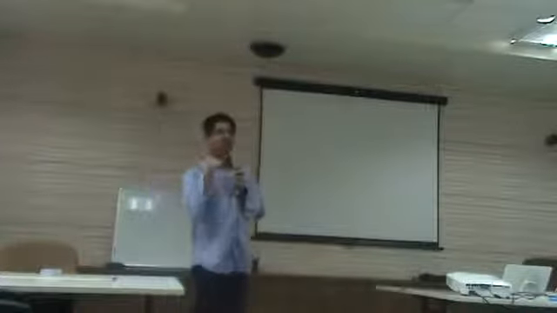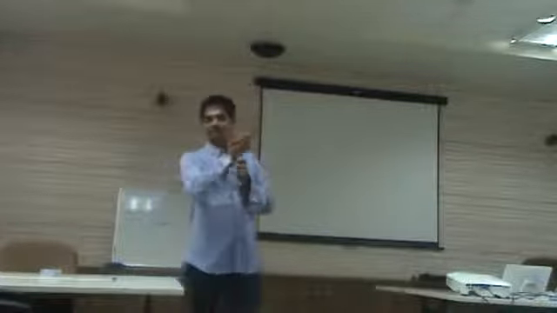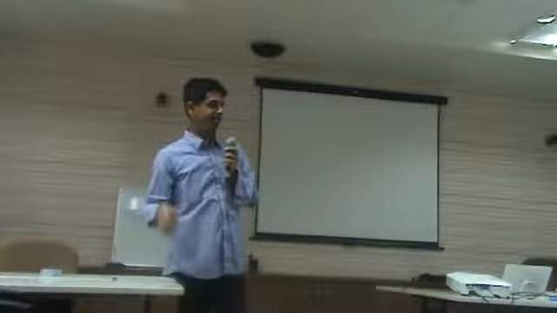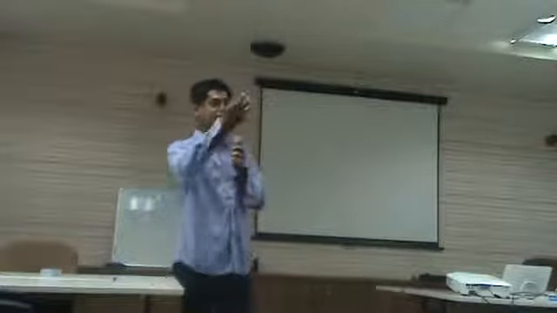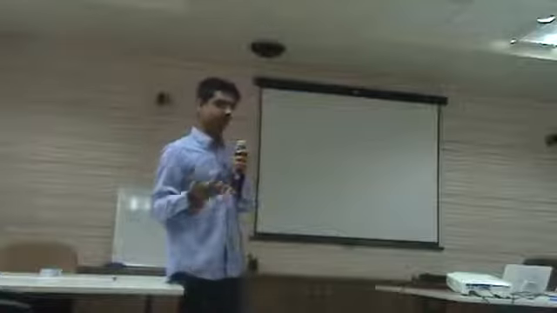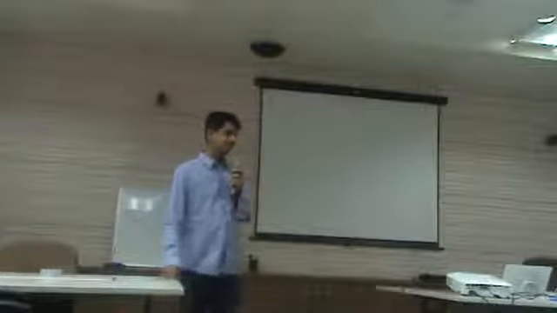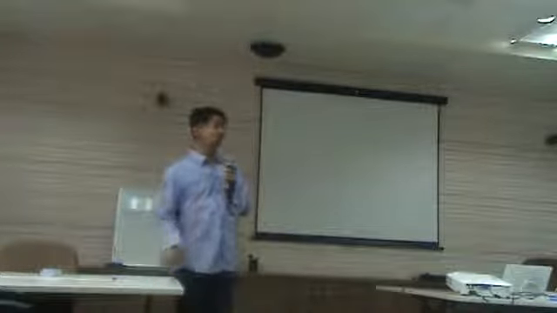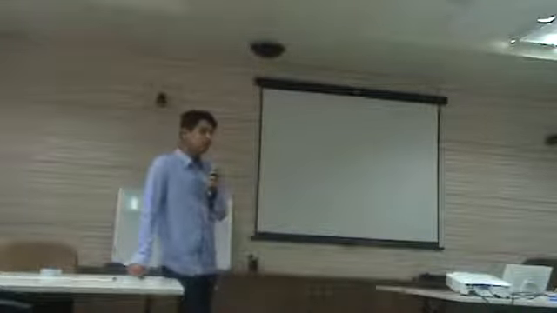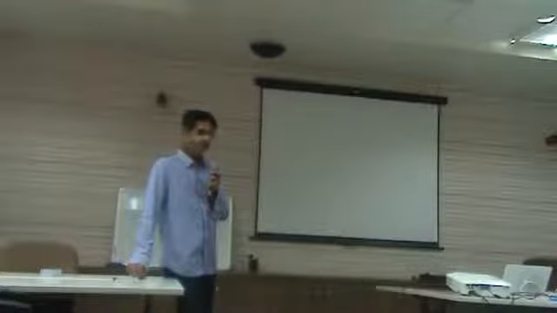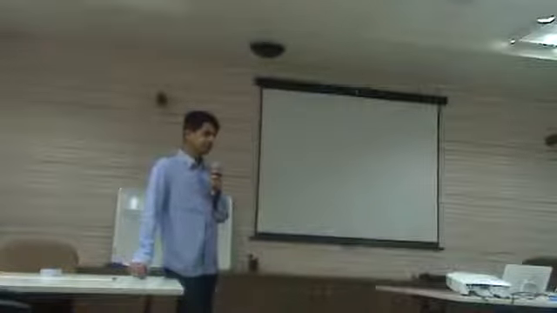The main components of HDFS are a name node and a data node. So when you put your data into HDFS, there are two main components that handle how data is stored and retrieved, and they are called the name node and the data node.